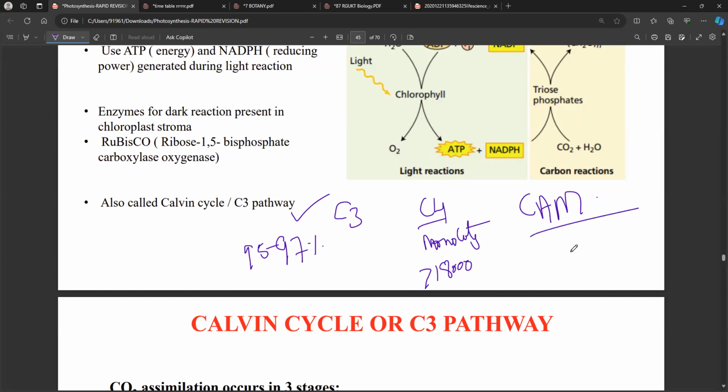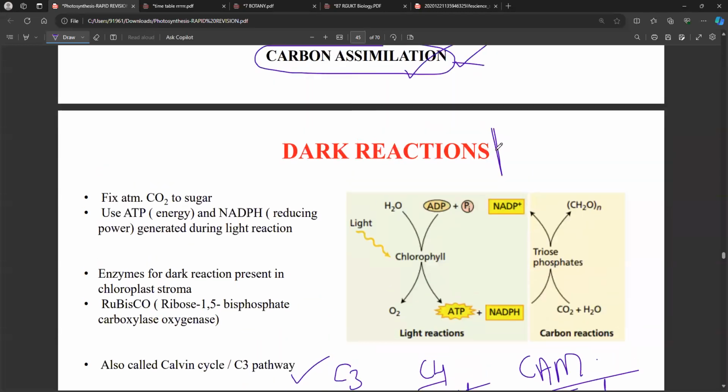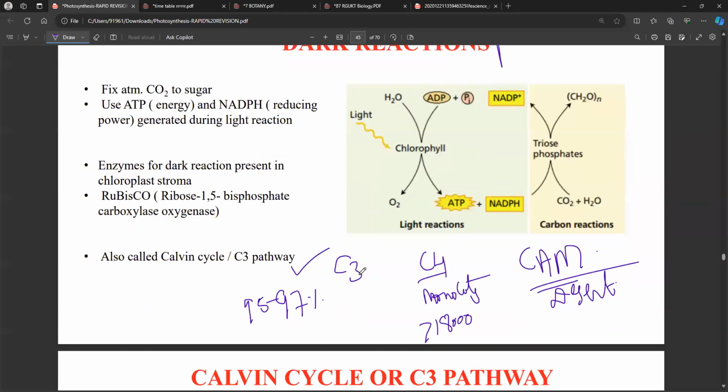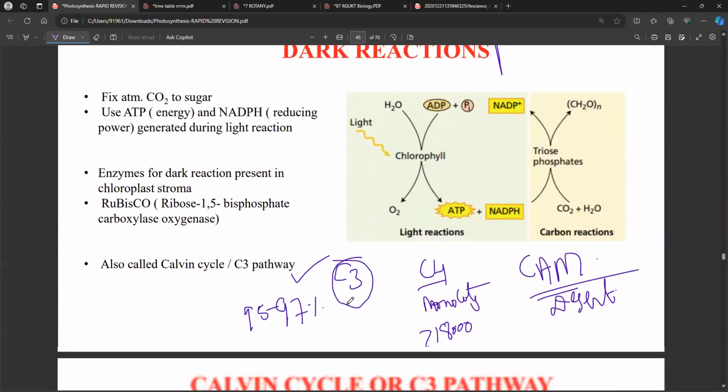And what about the CAM? Everyone commonly knows that the plants living in the desert, or the plants which belong to the Crassulaceae family, belong to the CAM. We categorize based on the temperature condition, and at the same time based on the carbon fixation also. Now let's focus on each plant clearly, one by one.